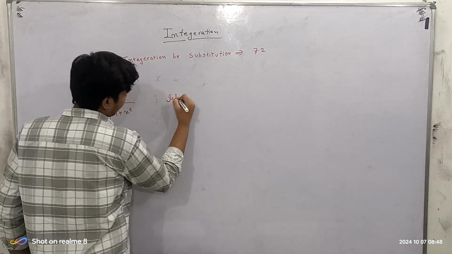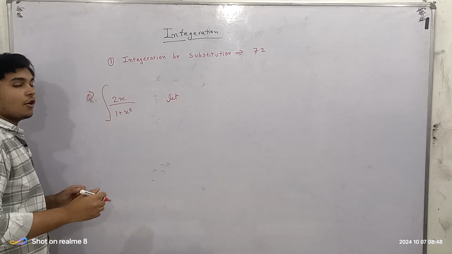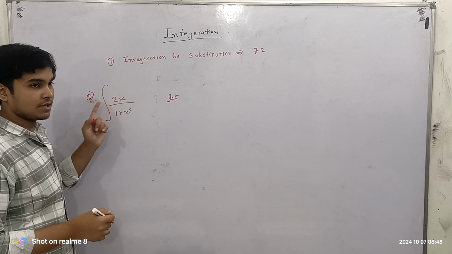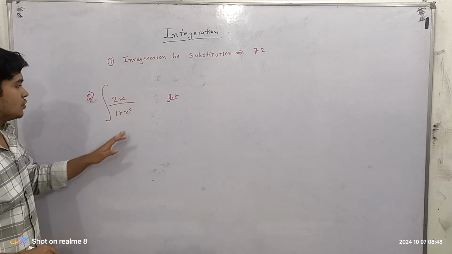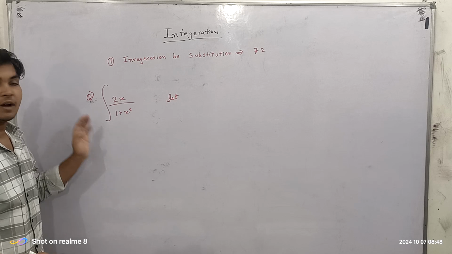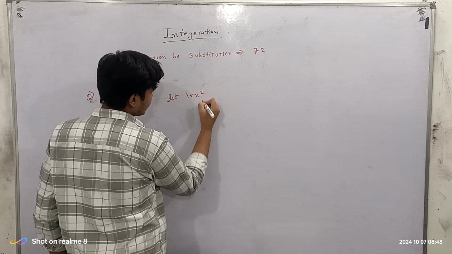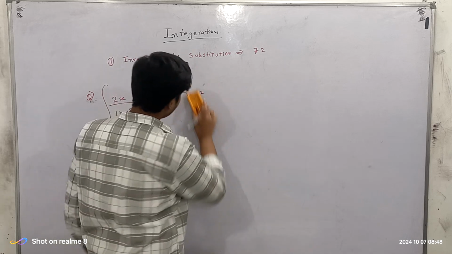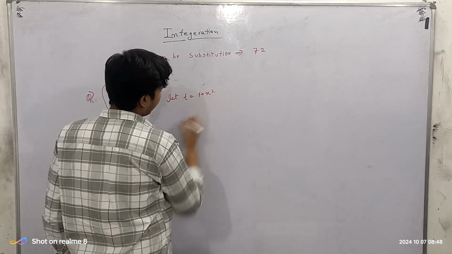Whatever function is given, we will take the function which, on differentiating, gives the other function in the question. Like this, we will differentiate the function whose derivative comes in the question. So let t equal 1 plus x square.